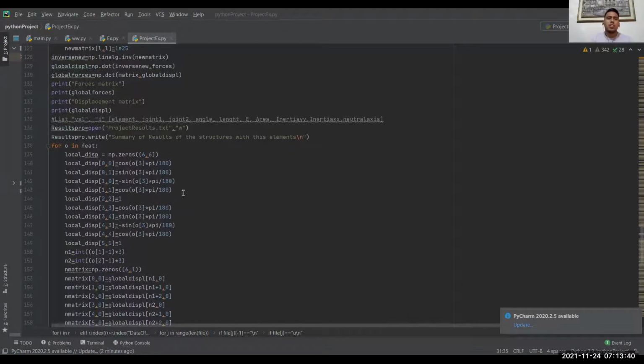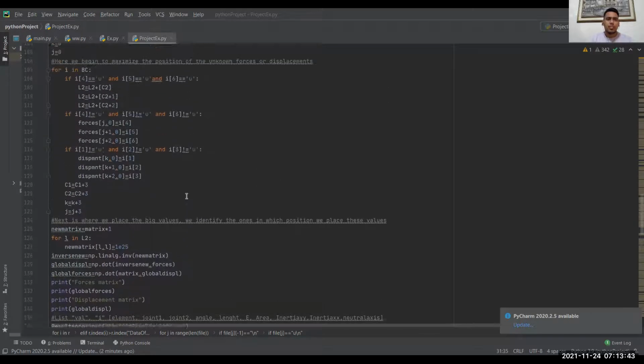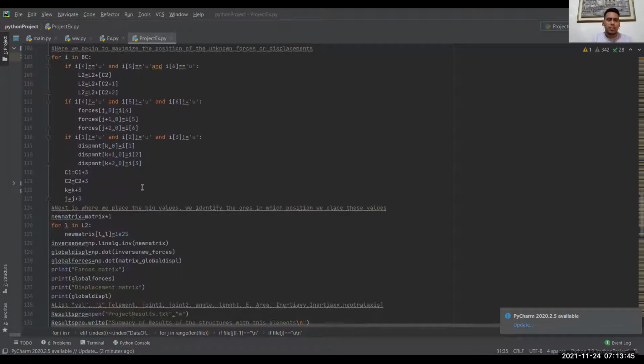Okay, this part is where you put the information of each joint, right? We put the big values to convert this matrix, right?